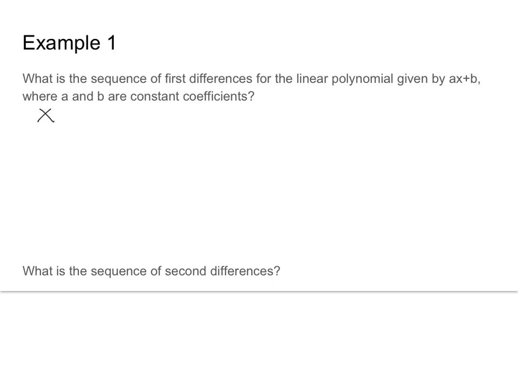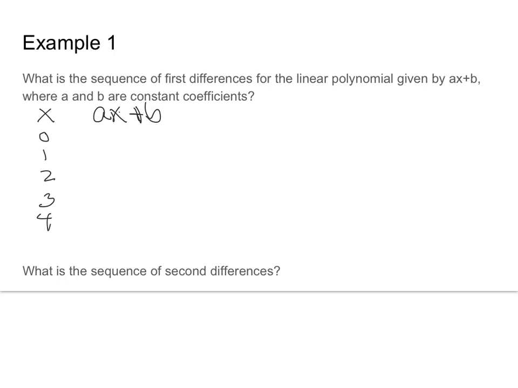Okay, I'm going to have x and the polynomial, the linear polynomial, means it makes a line. Where I'm going to have x is 0, 1, 2, 3, and 4.